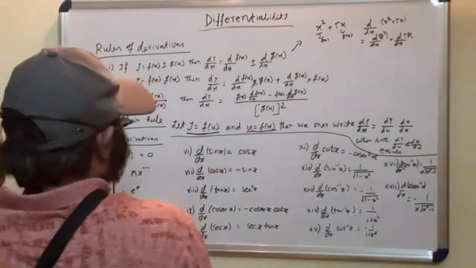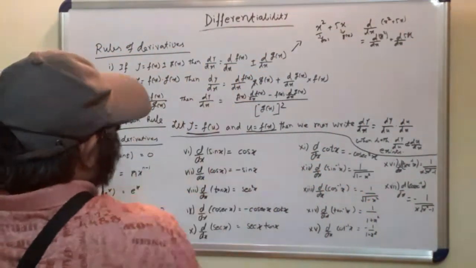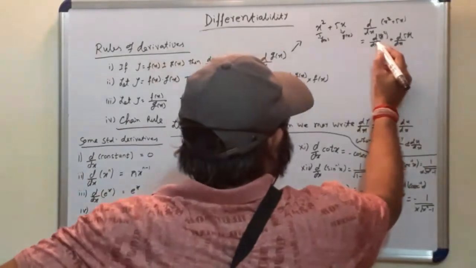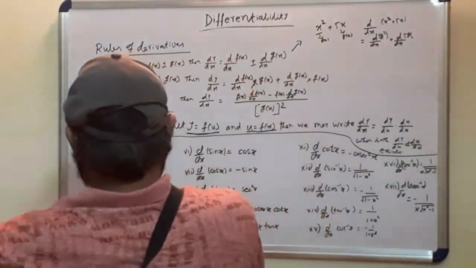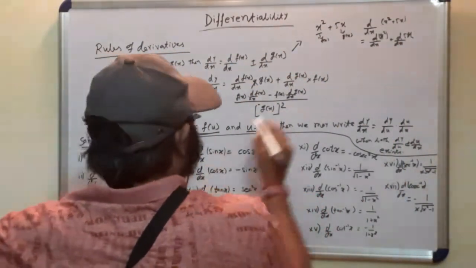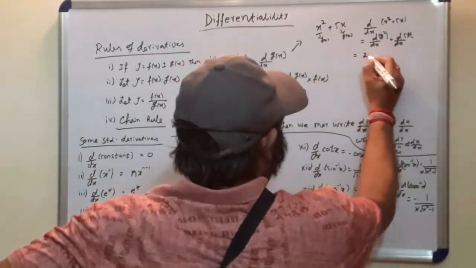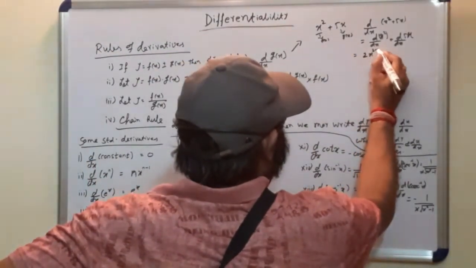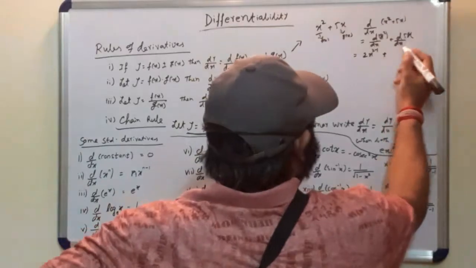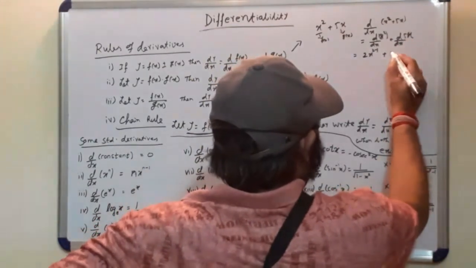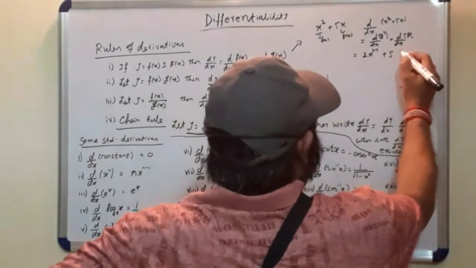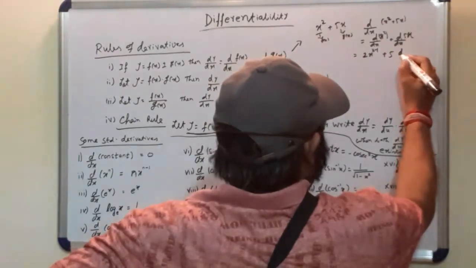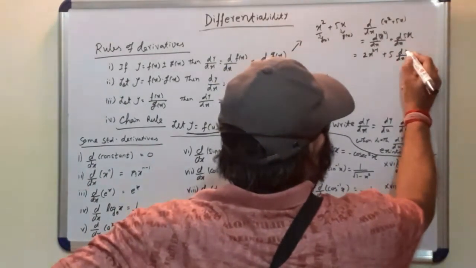That is the first rule of derivative. Now d dx of x to the power n is n x to the power n minus 1, so d dx of x square is 2 into x to the power 2 minus 1, plus d dx of 5x. 5 is a constant, so we can keep it outside the derivative, that is 5 into d dx of x.